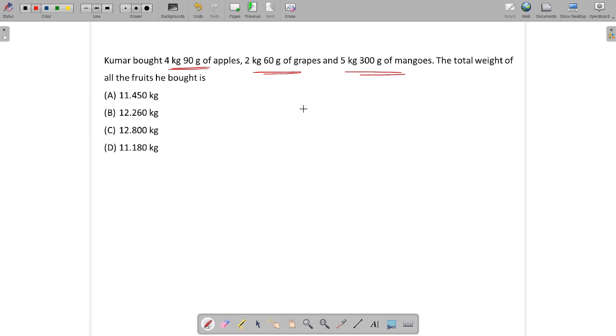Now let us write the weight of apples. Apples is 4 kilogram 90 gram. And in decimals, we can write this as 4.090 kilogram.